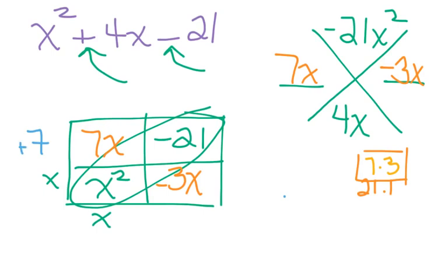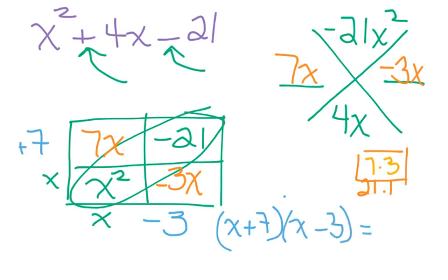And now I'm going to do it on the bottom. I have negative 21 and negative 3x, which means a factor of negative 3 comes out. So I have my two factors of x plus 7 times x minus 3, and that's equal to my standard form of x squared plus 4x minus 21.